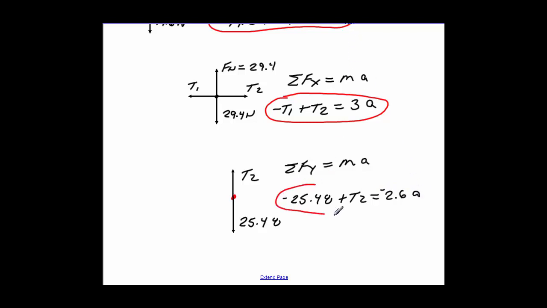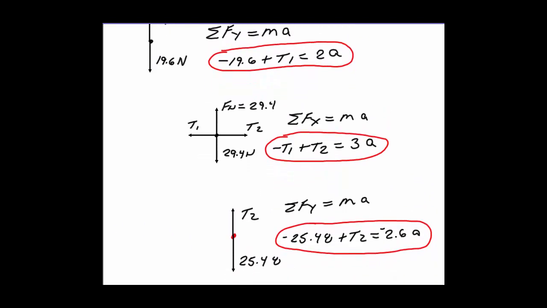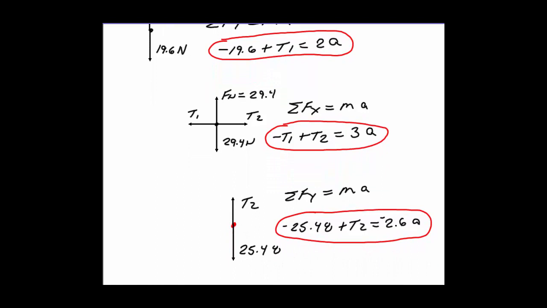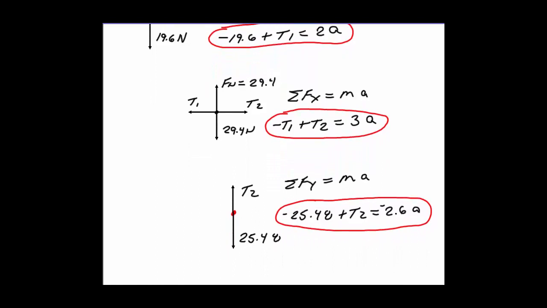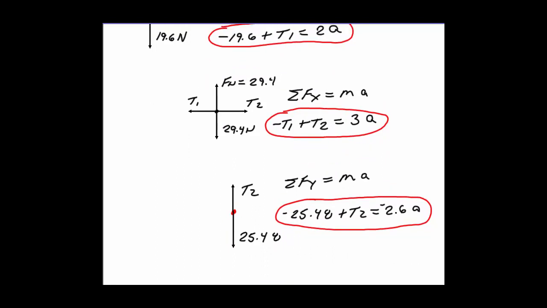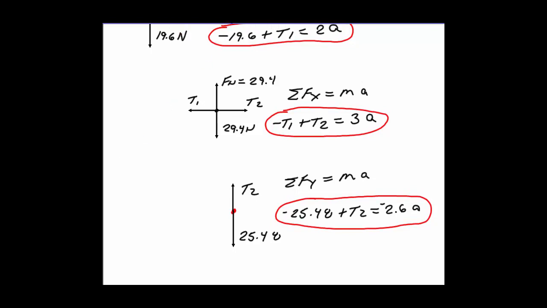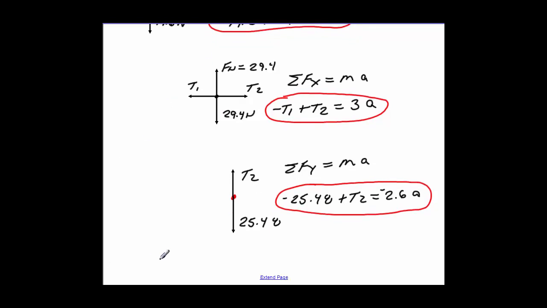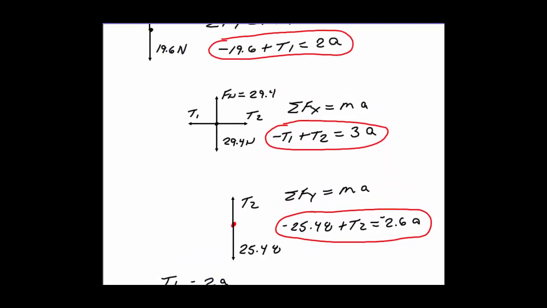Alright, now you have 3 equations and 3 unknowns. I'll lay these all out, and what I would recommend here, you can either do substitution or you can solve with matrices. I may just choose to solve with matrices, so I'm going to rewrite this first equation as T1 minus 2a is equal to 19.6, moving everything else to the right side.